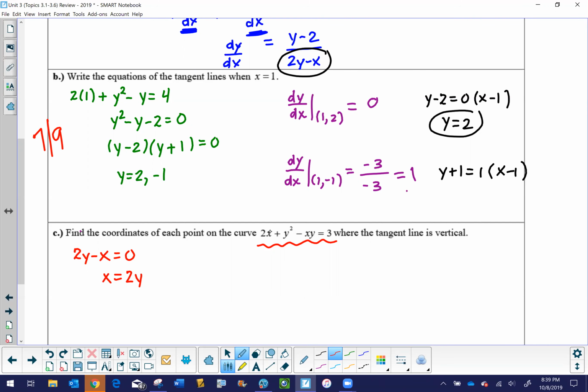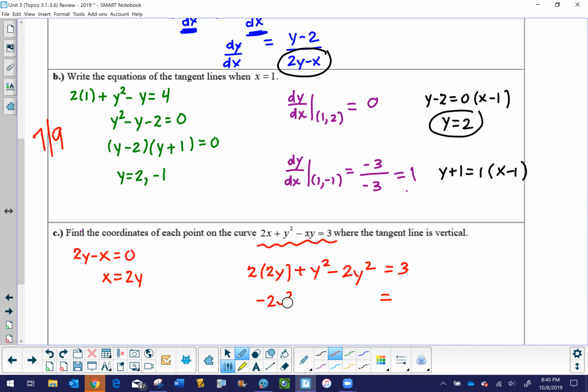So if we go back, 2 times x is 2 times 2y, plus the y squared, minus x times y would be 2y times y. Is that 2y squared? Is that right? 2y times y equals 3. So what do we got here? What we've got is -2y squared.